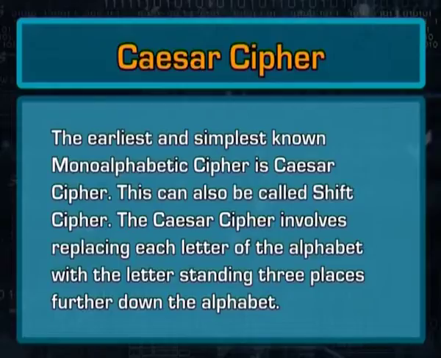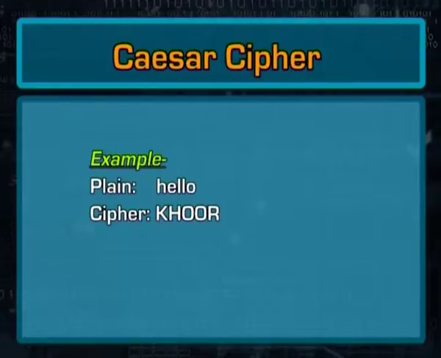This can also be called shift cipher. The Caesar cipher involves replacing each letter of the alphabet with the letter standing 3 places further down in the alphabet. For example, if your plain text is hello, that will be replaced with the letters 3 places down, then the ciphertext will be KHOOR.